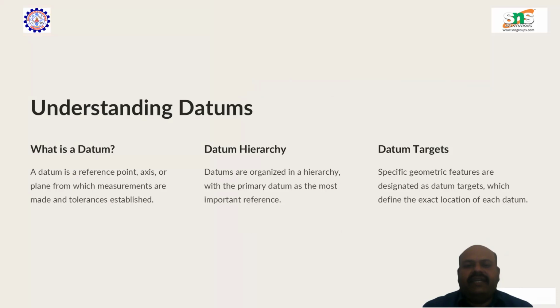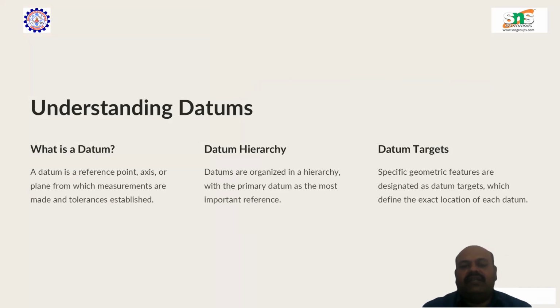So, understanding datums. What is a datum? A datum is a reference point, axis, or plane from which measurements are made and tolerances are established. Whenever we take any industrial drawing, we will have a set of dimensions of the feature.